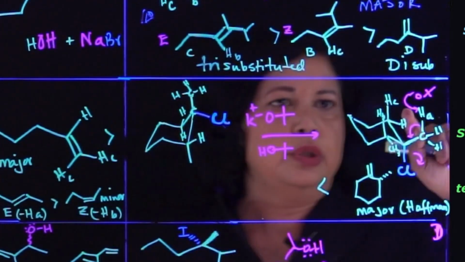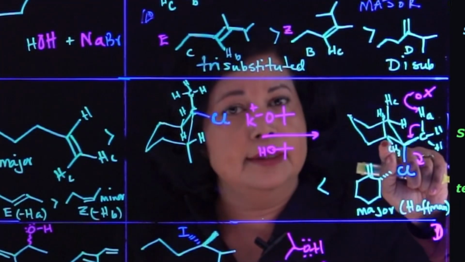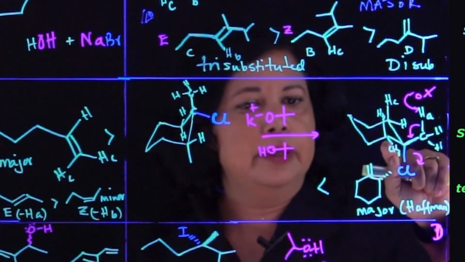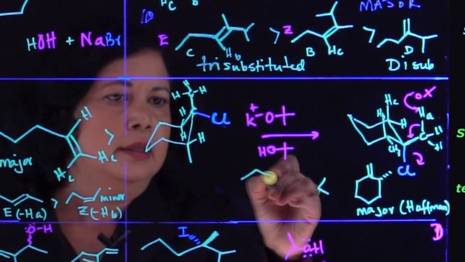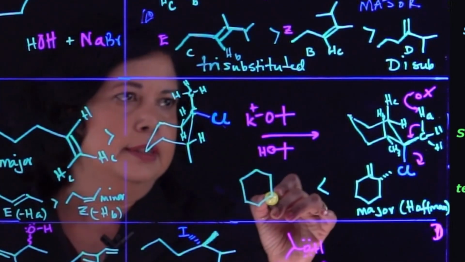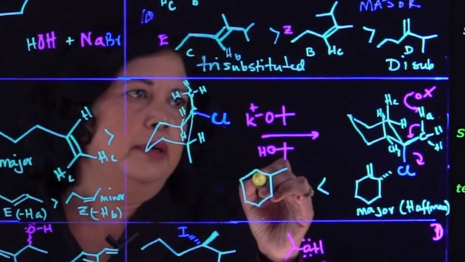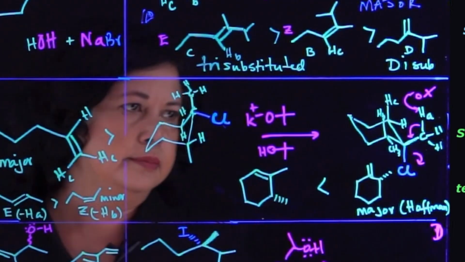Your second major is going to be the less substituted carbon here more than this. So here you are going to pull off this and you would have a methyl here. So if you were to draw a double bond right there, you are going to have a methyl here and a double bond right there, and your methyl here would be right down here.